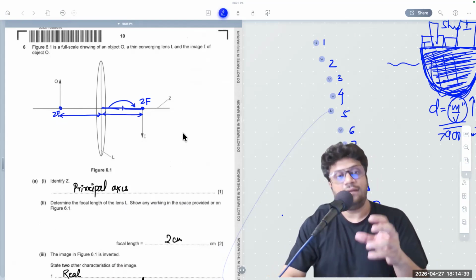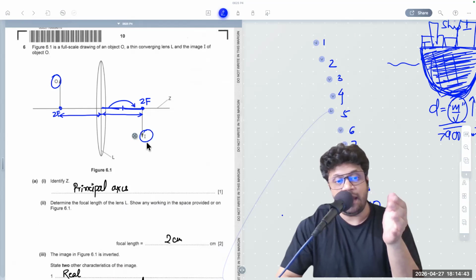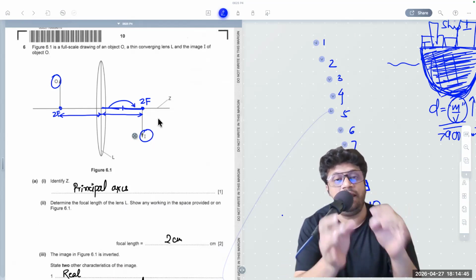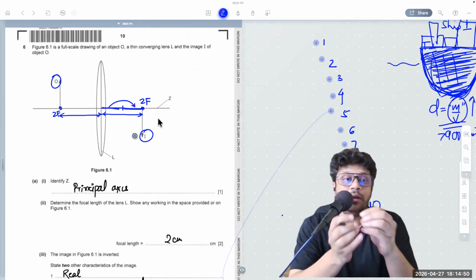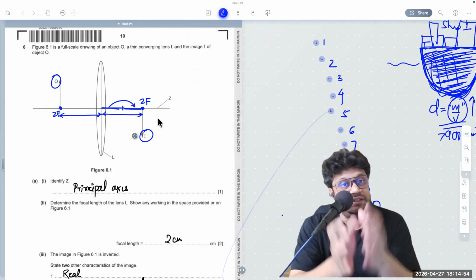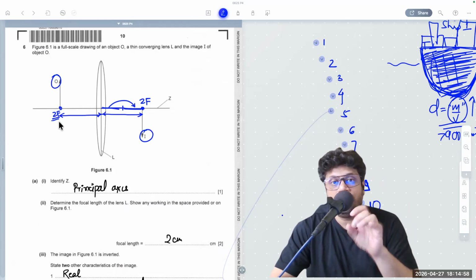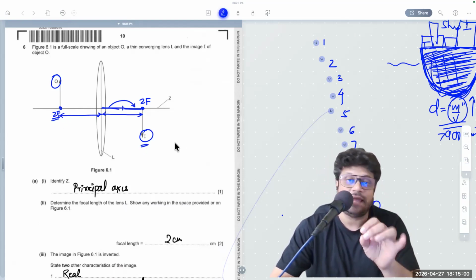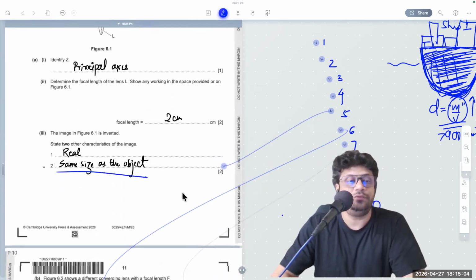Now the thing is, by eye, the object and the image look to be the same size. And if you have got your notes on lenses, you would see that if an object is placed at 2f, the image of it is going to be the same size. And that is what you had to do here.